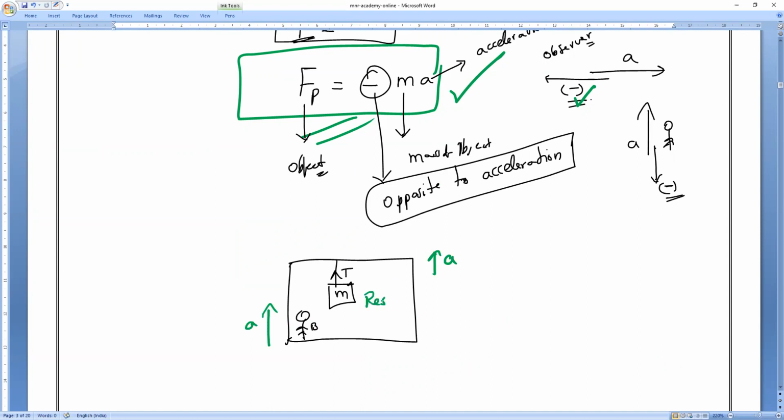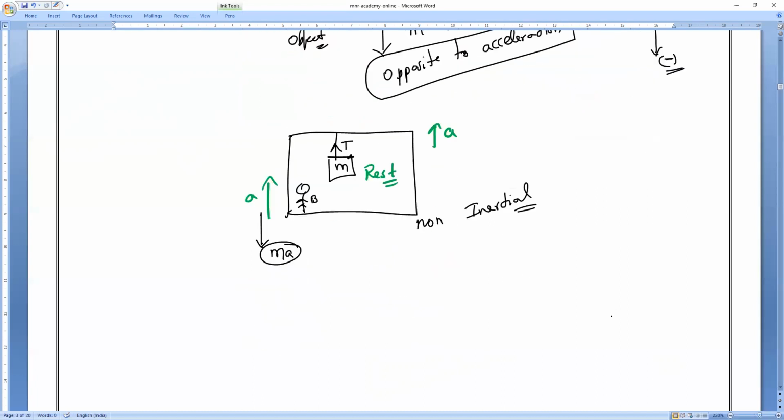In this case the body appears to be at rest. As the observer's acceleration is upward, the pseudo force is in the downward, opposite direction.